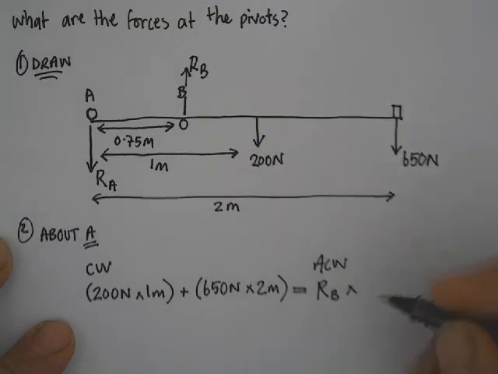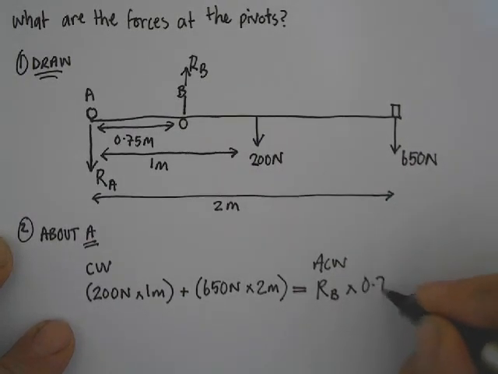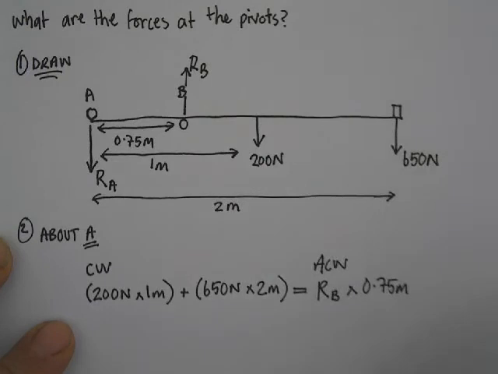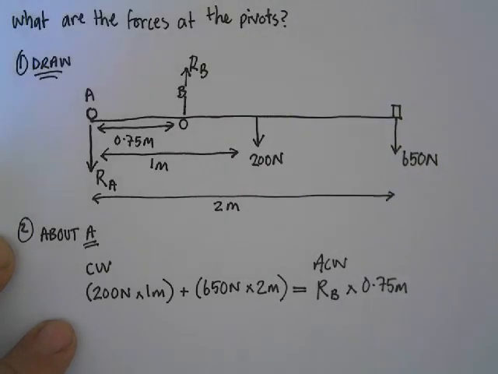So it's going to equal RB times 0.75 metres, because the question tells us that's its location.